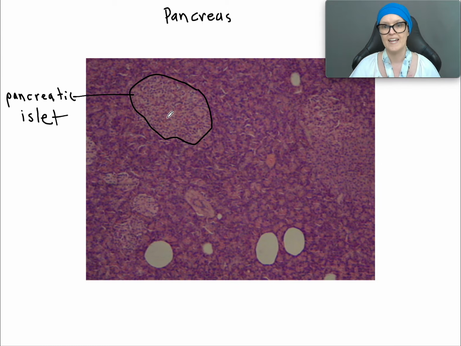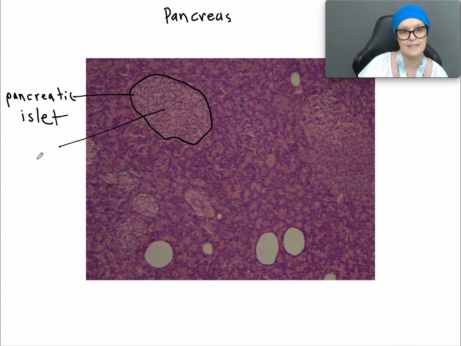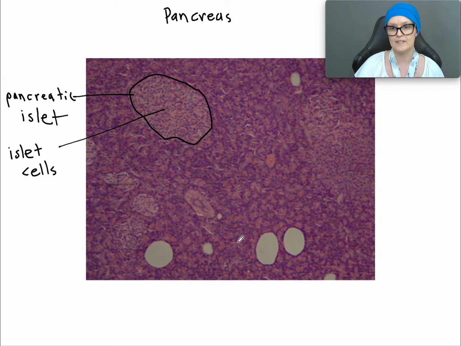Pancreatic islet. And the cells in the pancreatic islet are the islet cells. And everywhere that's not pancreatic islet is pancreatic acini.